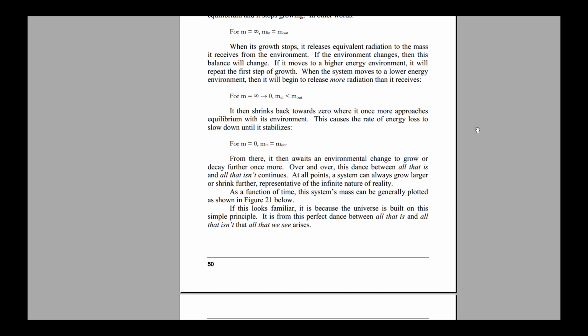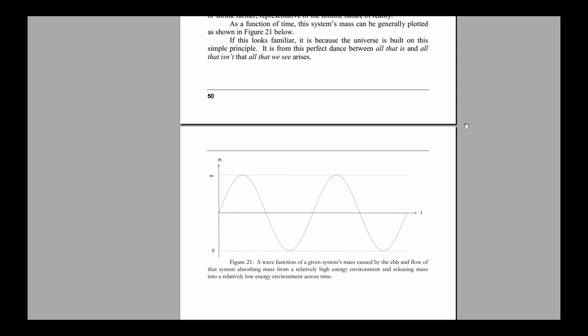As a function of time, this system's mass can be generally plotted as shown in figure 21 below. If this looks familiar, it is because the universe is built on this simple principle. It is from this perfect dance between all that is and all that isn't that all that we see arises.